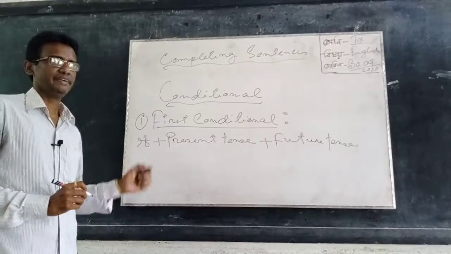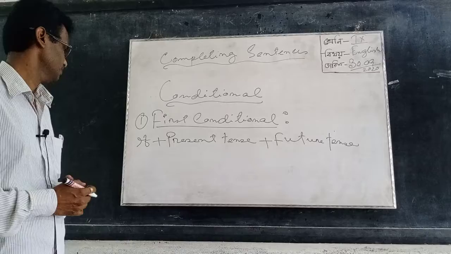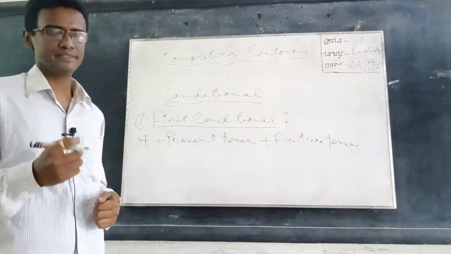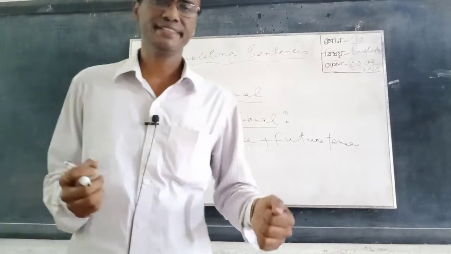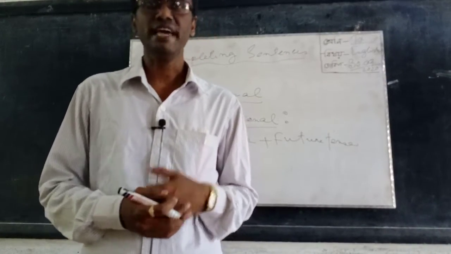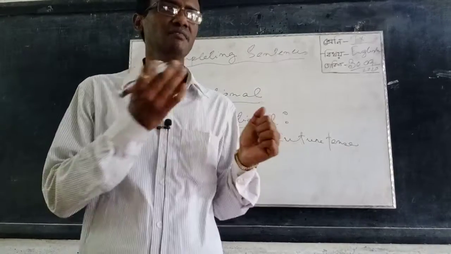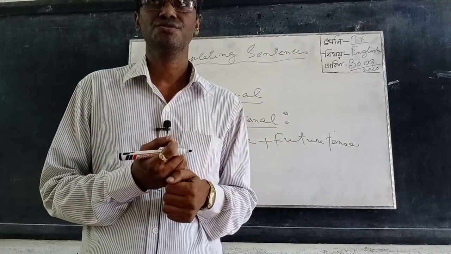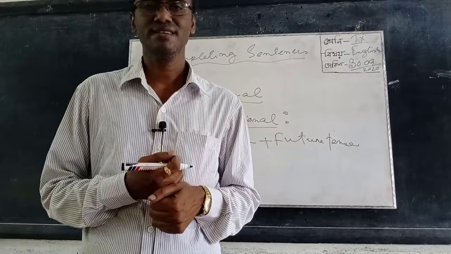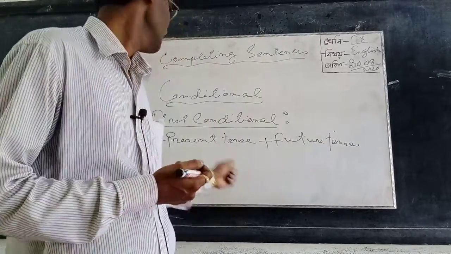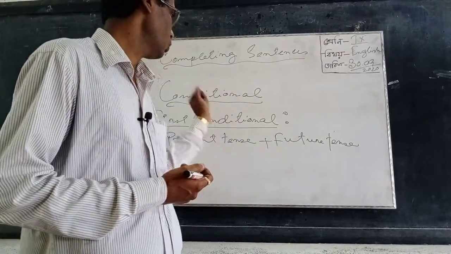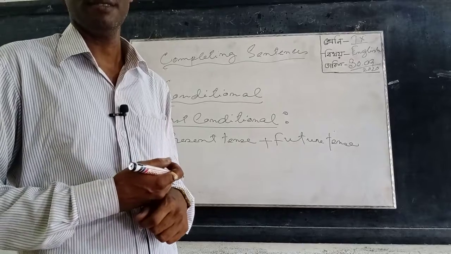From the very beginning of the sentence the if will remain, next the present tense, and you have to complete the future tense according to the meaning of the previous clause. So you have to maintain the grammatical structure: if plus present tense plus future tense. This is called the first conditional.